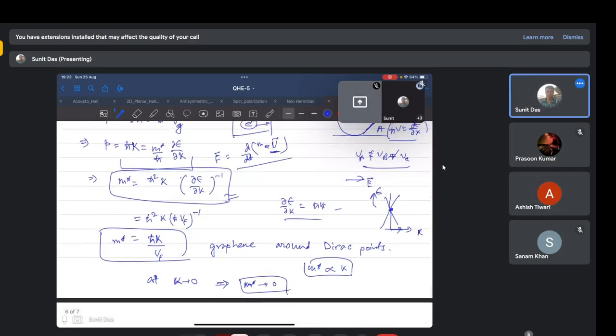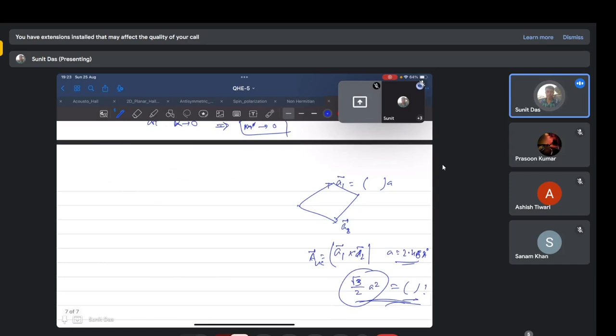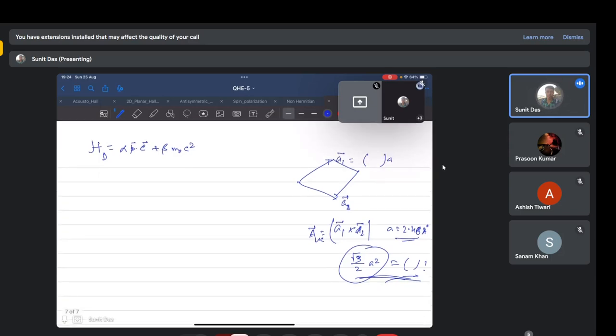Okay, so there is one more way to understand this massless graphene system. The Dirac Hamiltonian is alpha dot p c plus beta m0 c squared. That is the general Dirac Hamiltonian that we talk about in high energy physics or in a quantum mechanics 2 course or relativistic quantum mechanics. What we have for graphene is simply h bar vF sigma dot k.